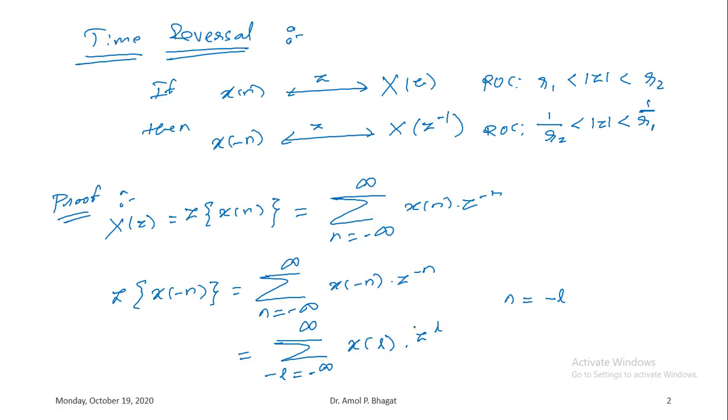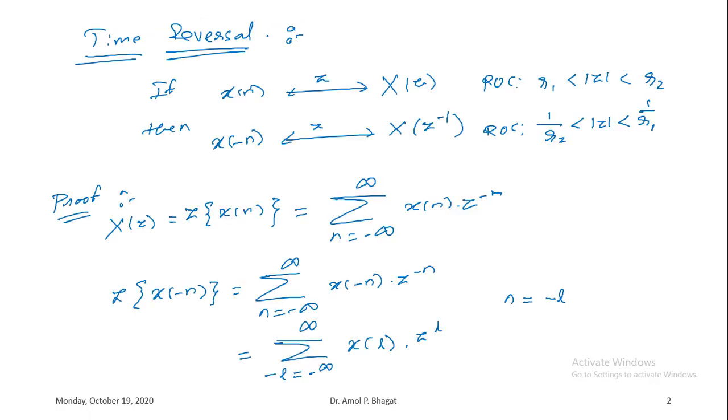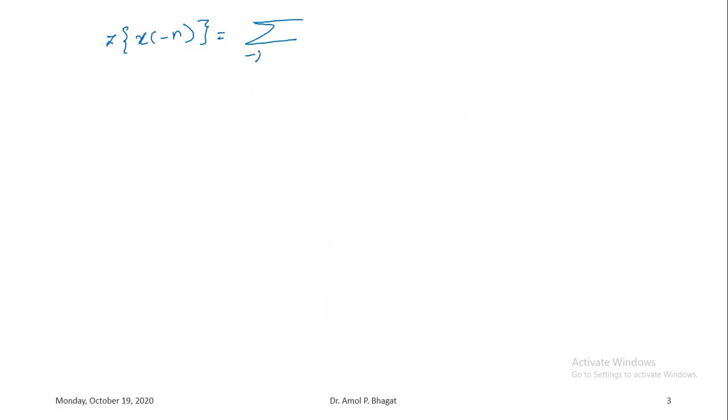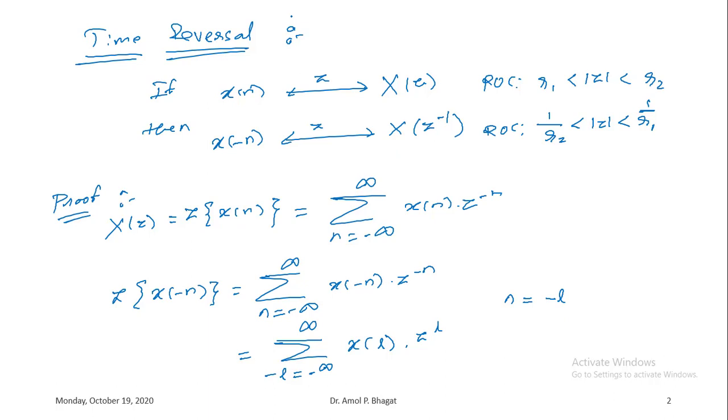So we are interested in identifying the transform of x of minus n, and here we get summation minus l equals minus infinity to infinity x of l into Z to the power l.